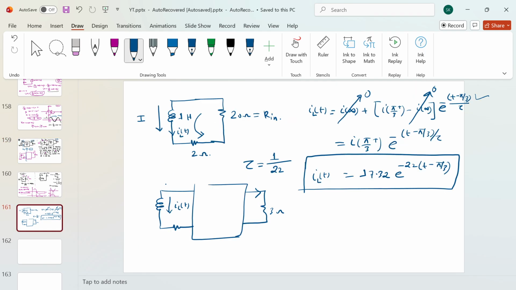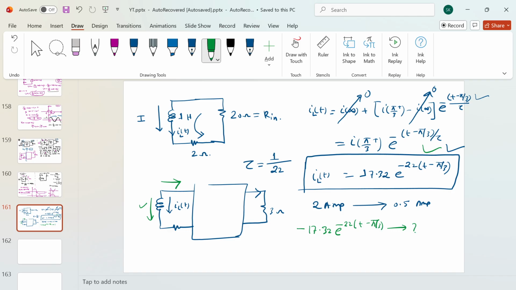So for 2 ampere input current, the output current is 0.5 ampere, and this current is flowing in the downward direction, but the 2 ampere I have considered was flowing in this direction. So with respect to this, it should be minus, right? So for minus 17.32 e to the power minus 22 (t minus pi by 3), what is the current that you need to find out?